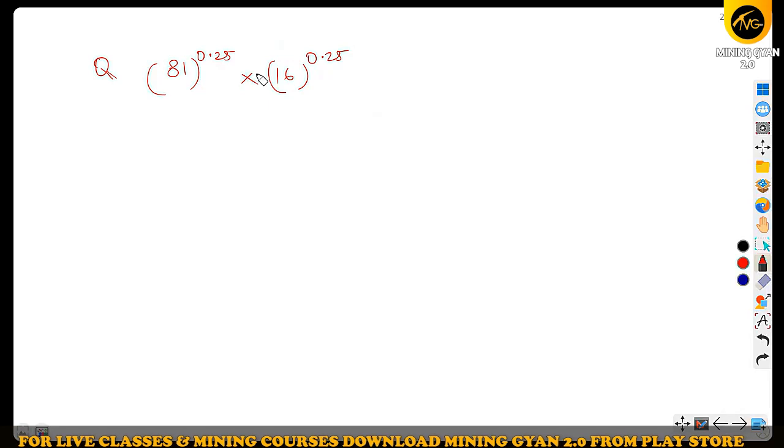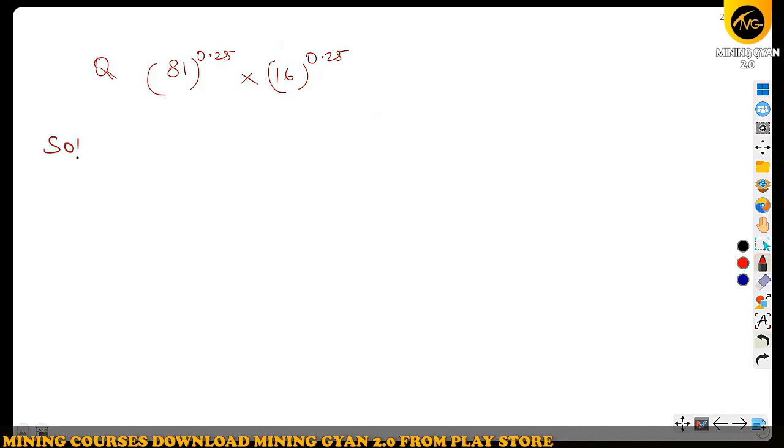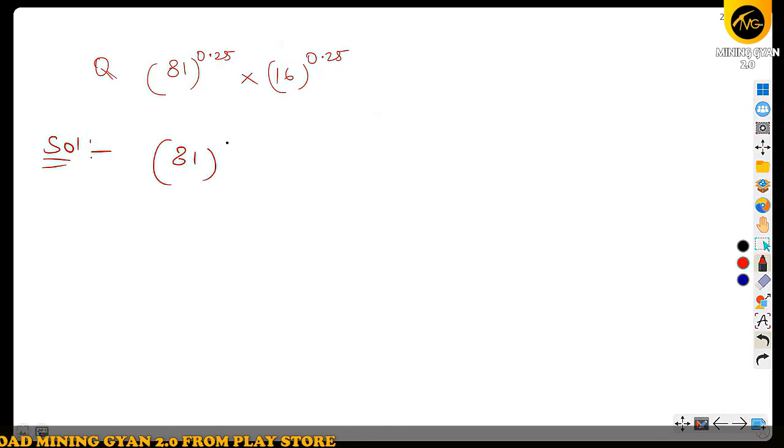81 power 0.25 multiplied by 16 power 0.25. Now in this case, the powers are in decimal form. Now we have to convert into fractional form. For example, 81, we can write 0.25 as 1 divided by 4, right?